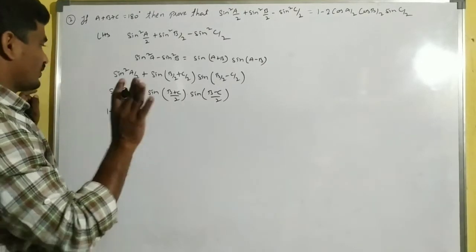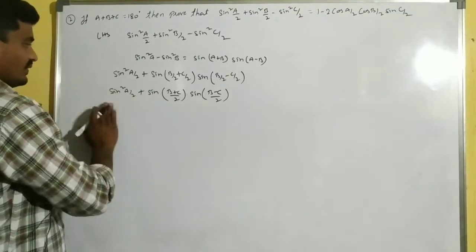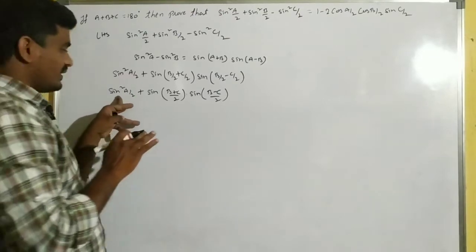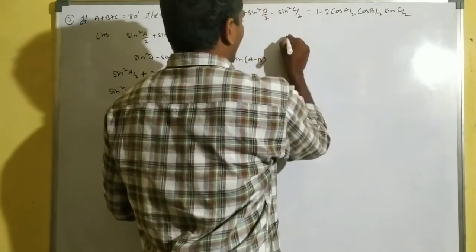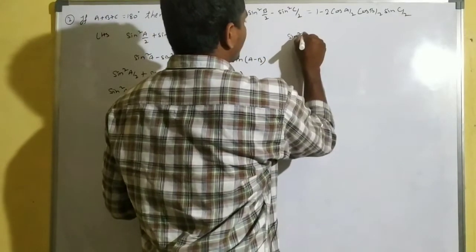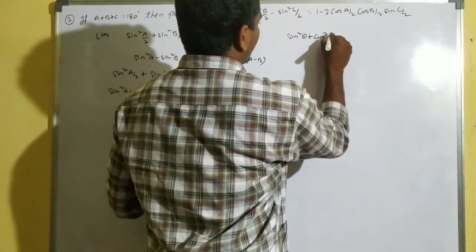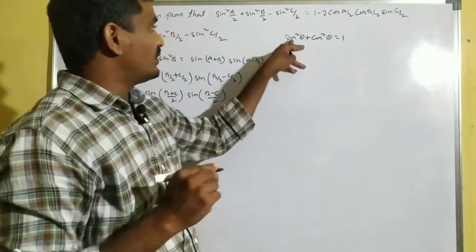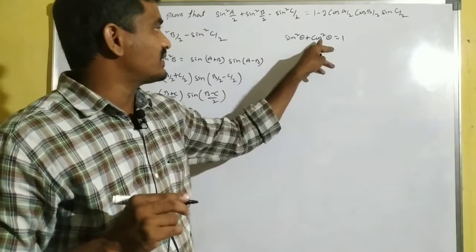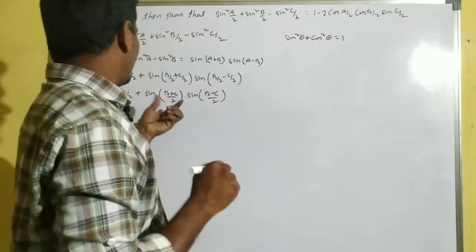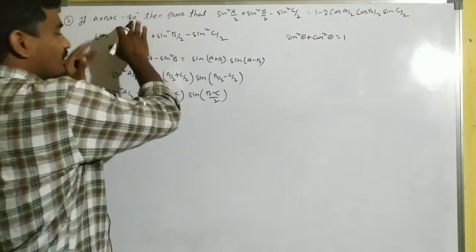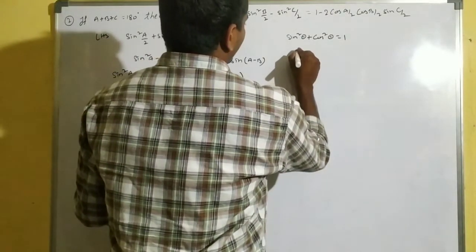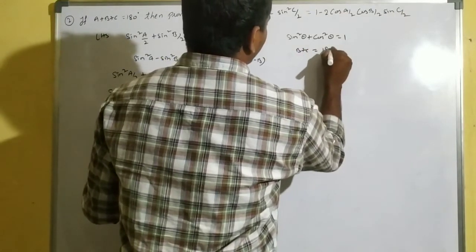So better I am going to write the formulas here. What formulas we have to use to write the next sin square a by 2? Here I am going to write one formula, sin square theta plus cos square theta equals 1. Already you know about this one in the 10th class. If you want sin square theta, you can send cos square theta to the right side. Next, a plus b plus c equals 180, but we need b plus c, so b plus c equals 180 degrees minus a.